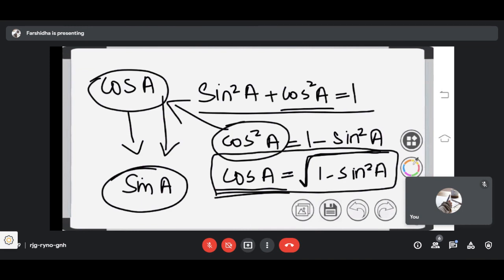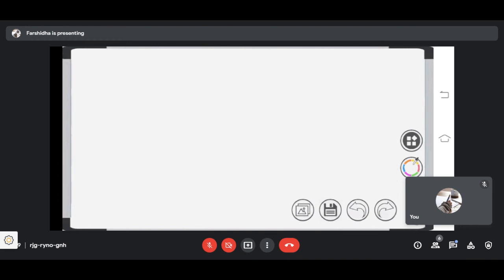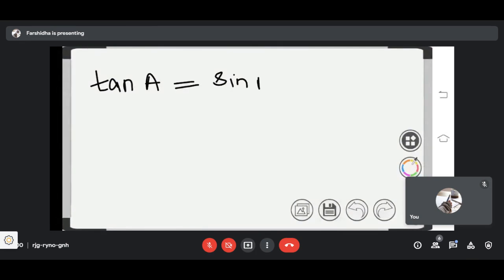Same way we'll represent tan A in terms of sin A. Tan A you can write as sin by cos, sin A by cos A. In the beginning of the chapter, I have given you the note.